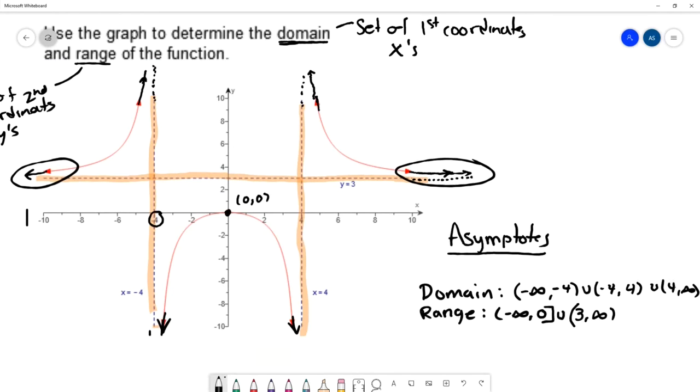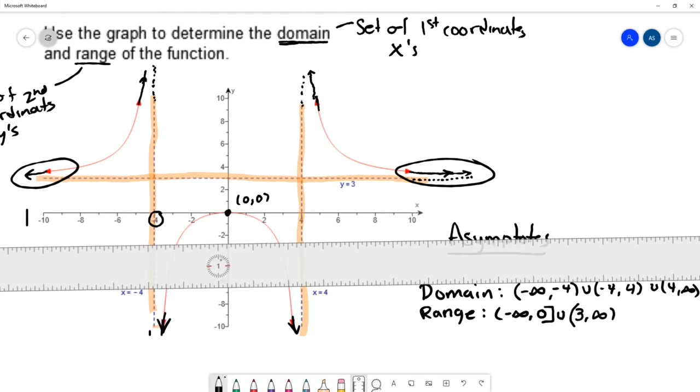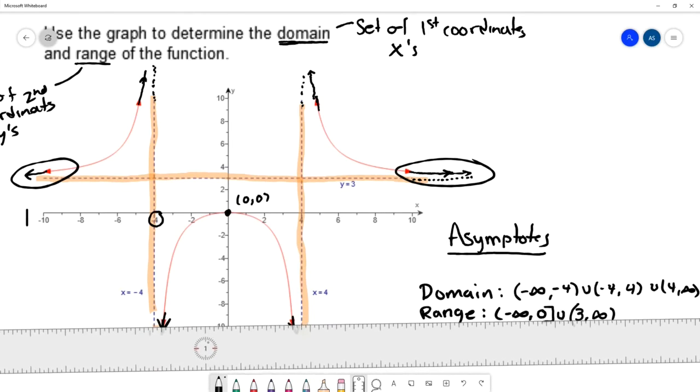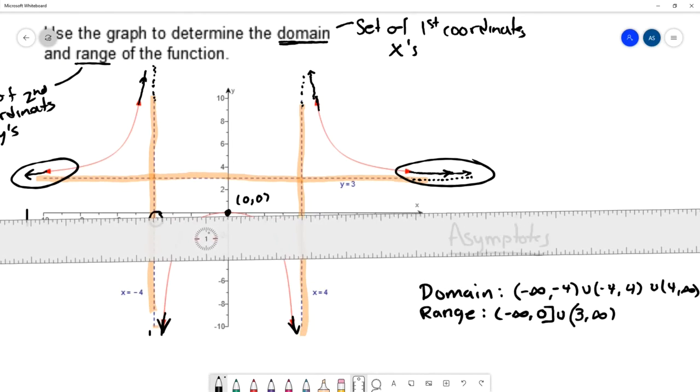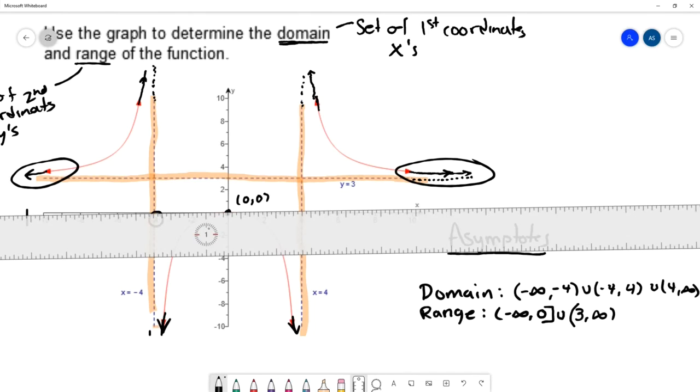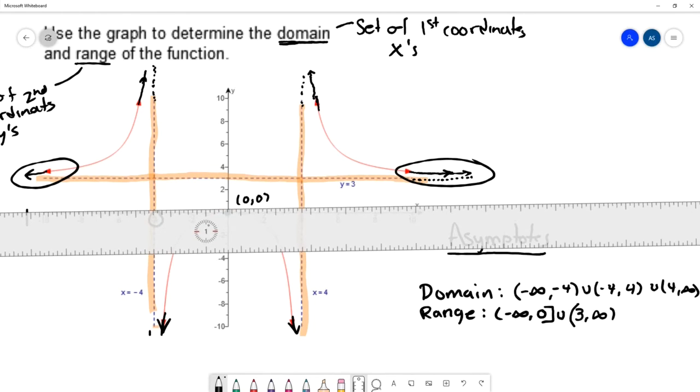So let's just repeat that one more time. Starting from the bottom, I'm touching the graph from negative infinity to 0. 0 is included in the range, so we used a bracket.